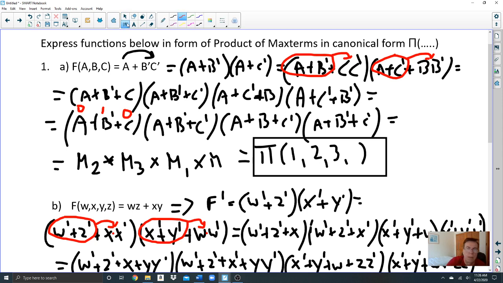Fix it up. Okay. So this is maxterm 3. All right. This looks like maxterm 3 is a repeat. So you cancel one of the repeats, and we have the following answer. This function is product pi of maxterms 1, 2, and 3.